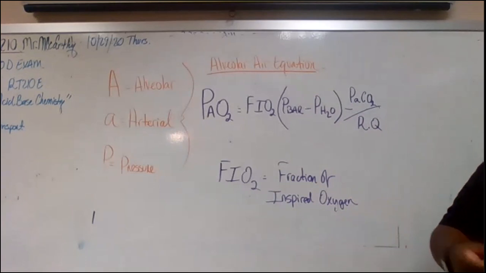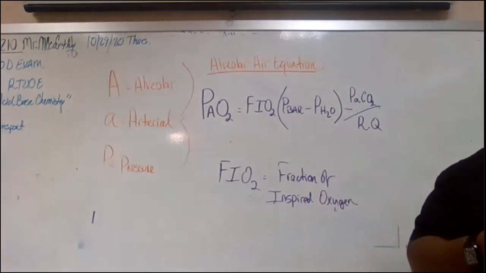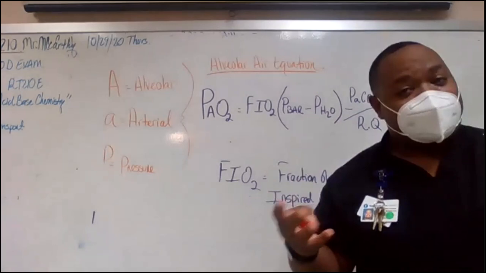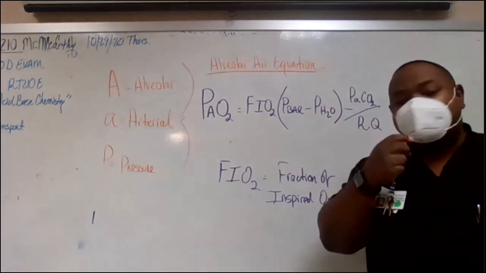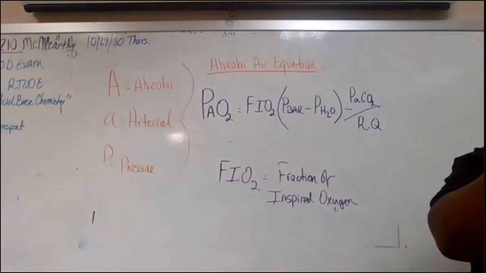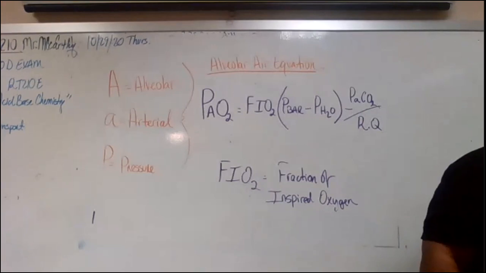How much oxygen did they inhale? What percentage of oxygen did they inhale? Now, what do we say the oxygen level percentage is in regular room air right now? 21%. You're going to hear that a lot, guys.